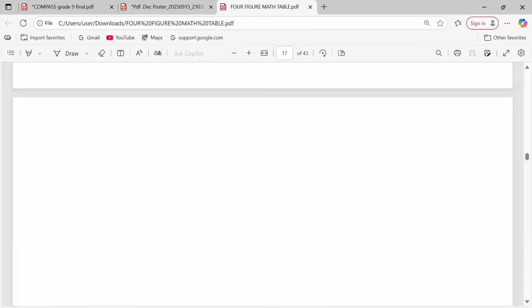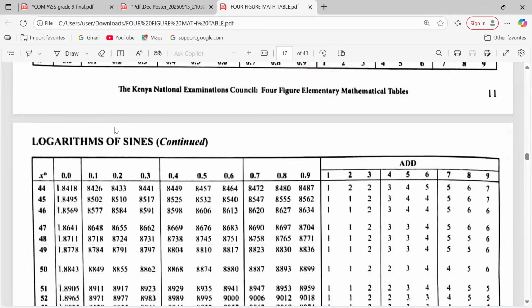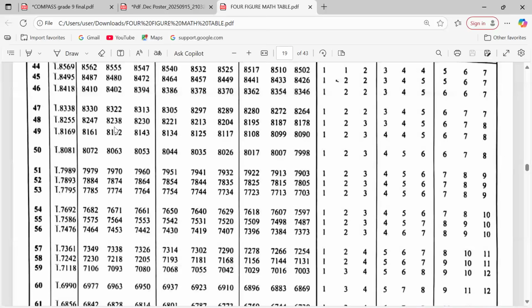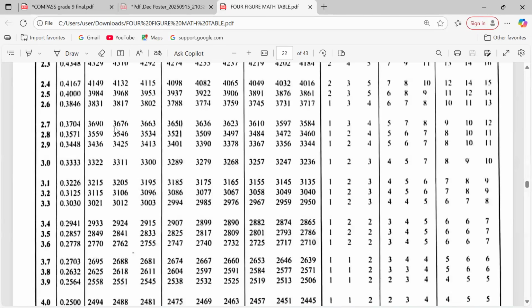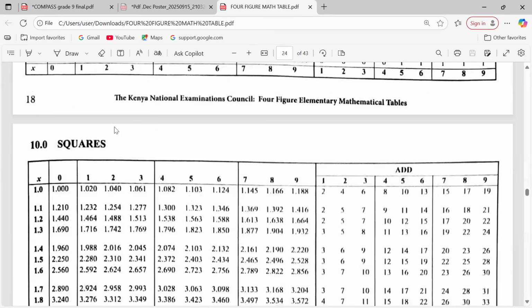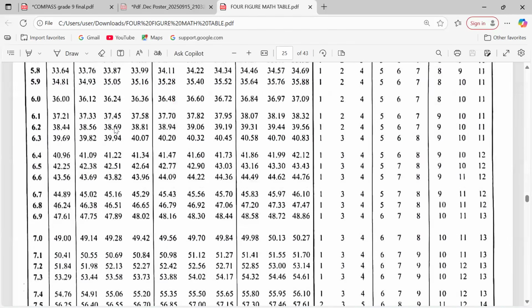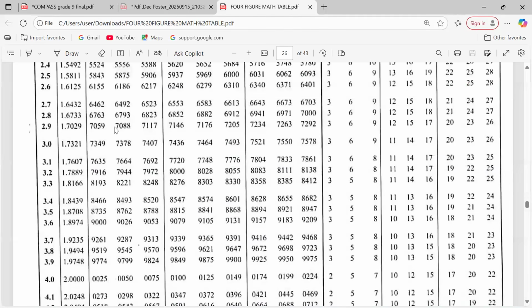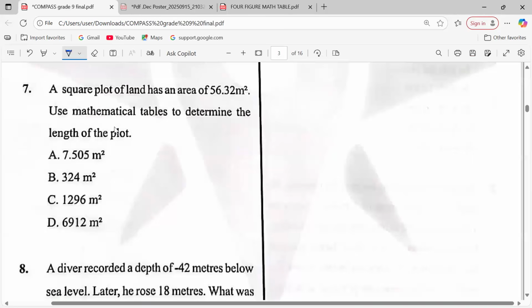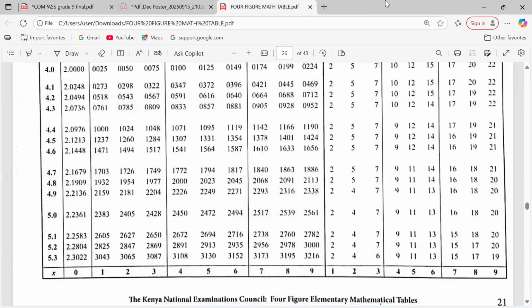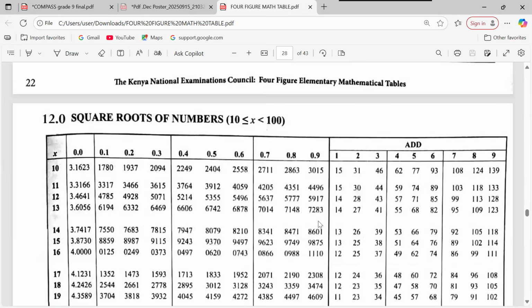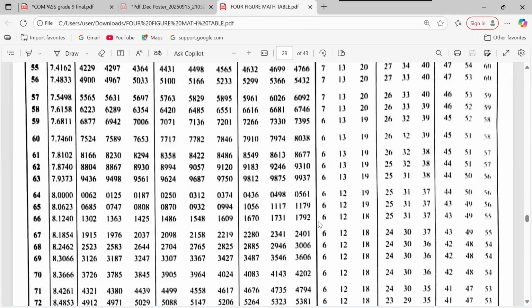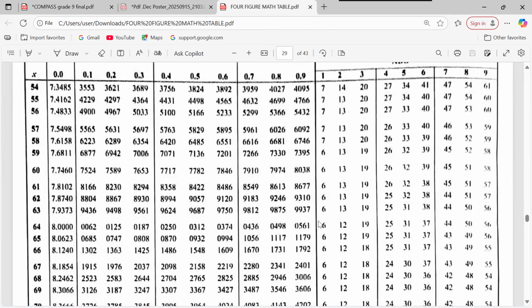One is here. The squares of tables. We have squares here. Then after squares, we talk about square root. We are finding the square root of 56.32. So we go directly to where there is 56.32. So 56 runs across here.